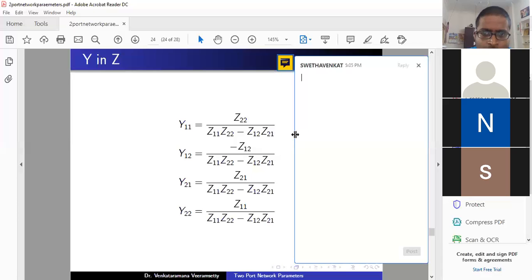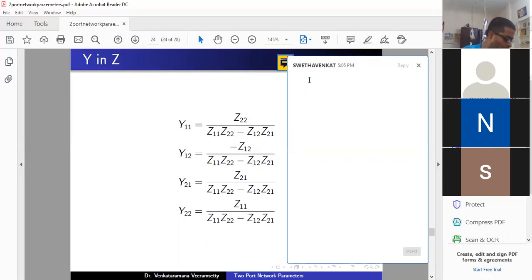Now I want to represent the Y parameters in terms of the Z parameters. What is the first step for the derivation? Write the Z parameter equations.